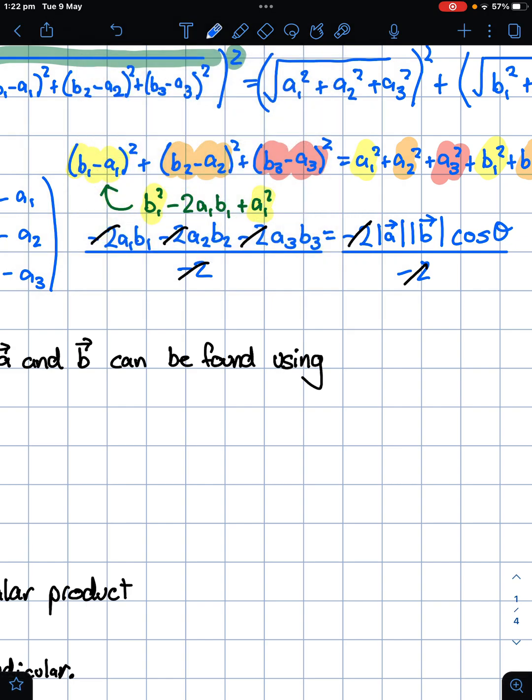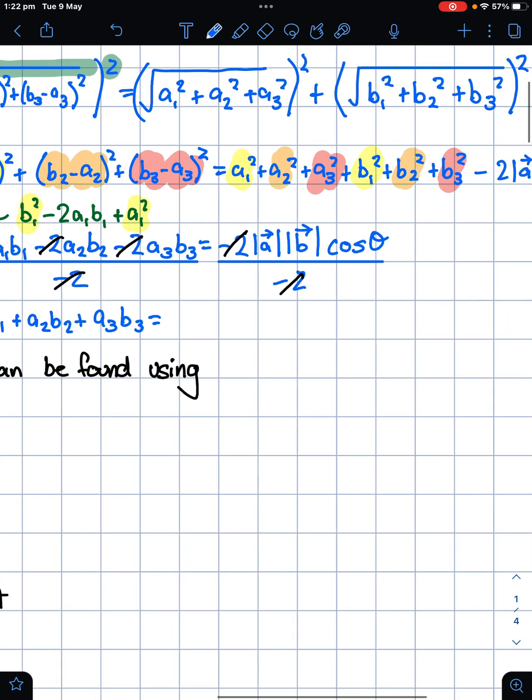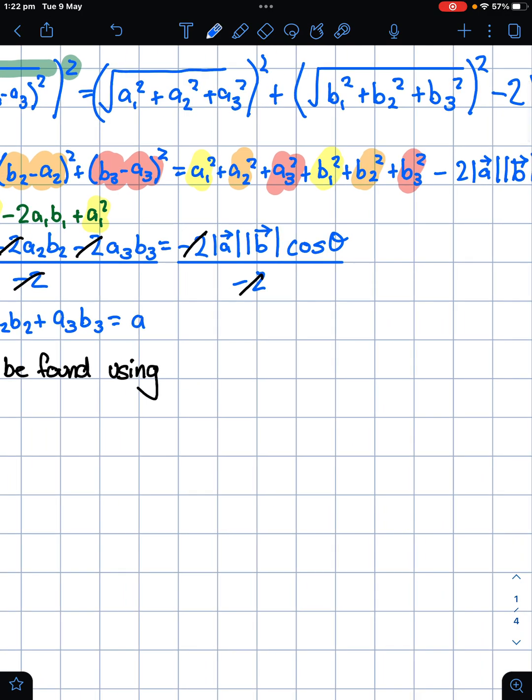And now we are left with a1b1 plus a2b2 plus a3b3, which we should hopefully notice is the dot product of the vectors a and b, and it's going to equal the modulus of a times the modulus of b cosine theta.